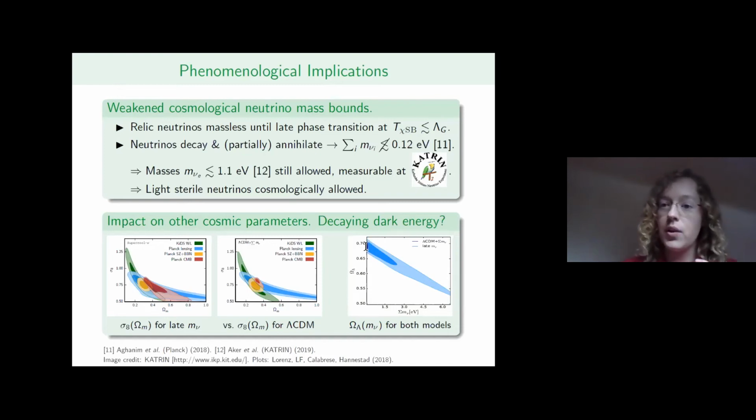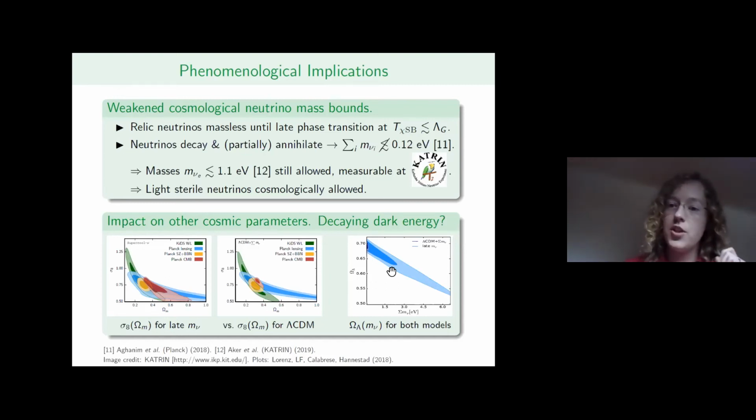So we have around 70% of dark energy in our universe. But now in our case, this could be substantially reduced. And the reason is that we have this phase transition in the very late universe, and we could have either a second order or a first order phase transition. And if it's a first order phase transition, we get trapped in the false vacuum for a long time before we can tunnel to the true vacuum.